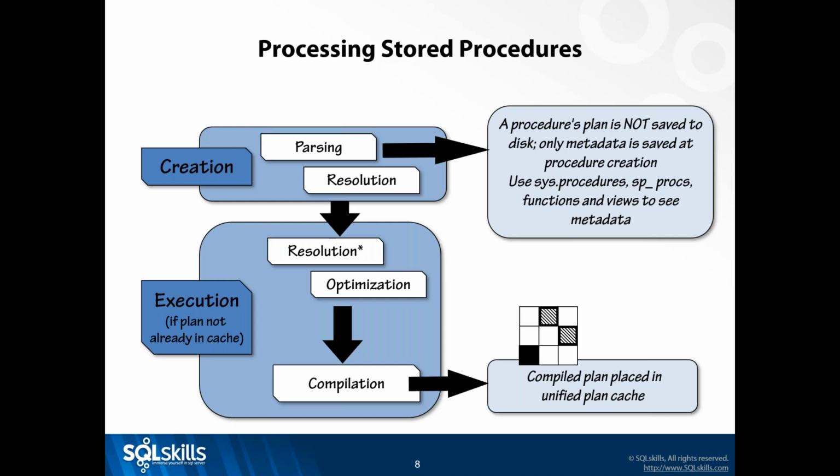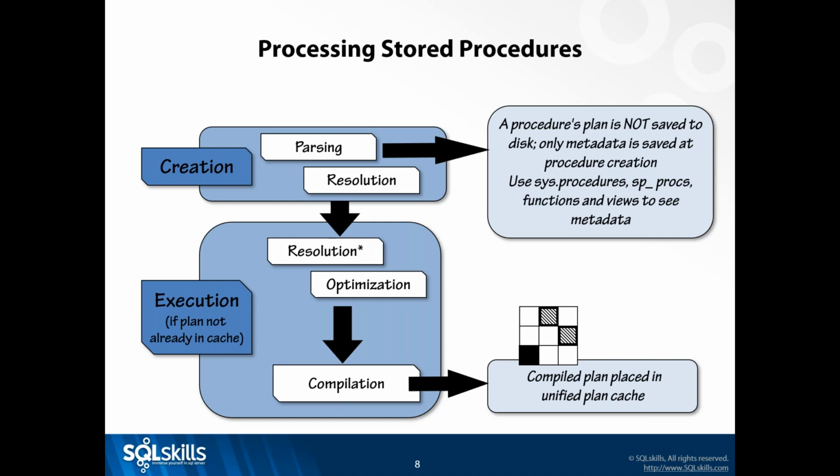So when you create a stored procedure, like I said, not much happens. Information goes essentially into the system tables. That is, this procedure does this, this, and this, but no plan gets saved to disk. On execution, a plan will go in cache, and that plan will get reused by other users if they meet all of those criteria. But here's the real clincher to everything. If there isn't a plan in the cache at the time that you execute, then SQL Server looks at the parameters you're passing in at that time, and it sniffs them, or evaluates them.